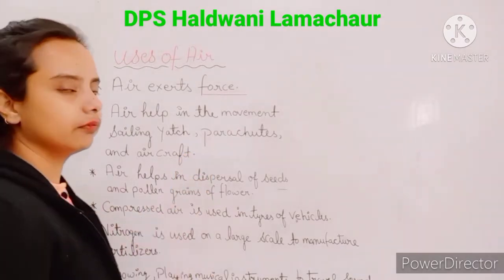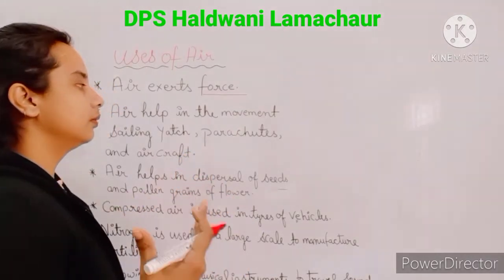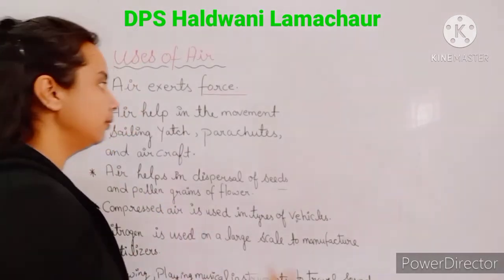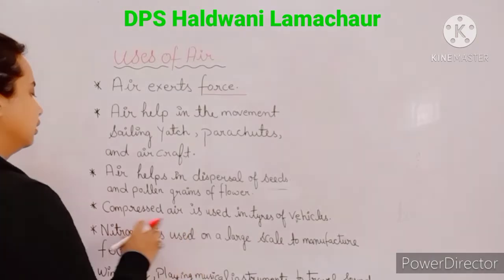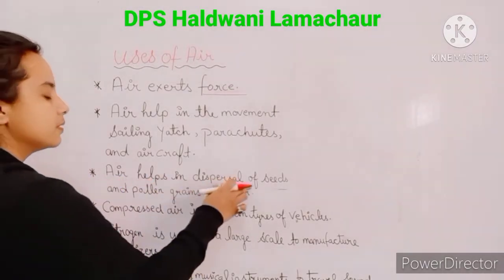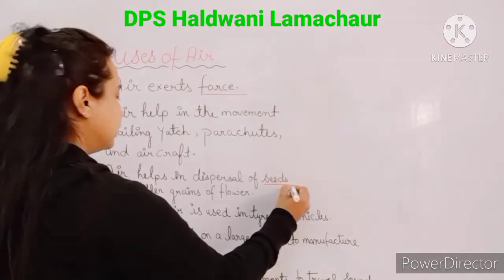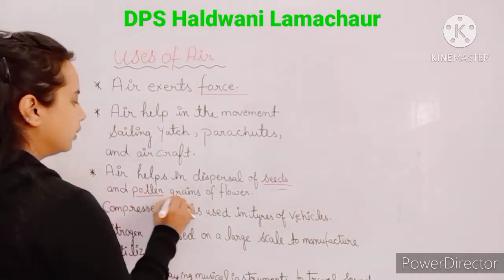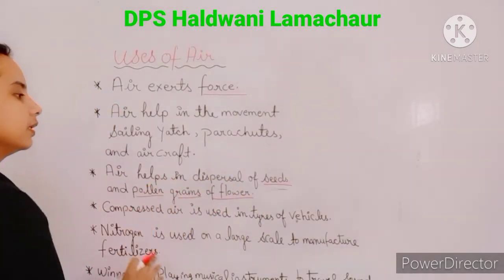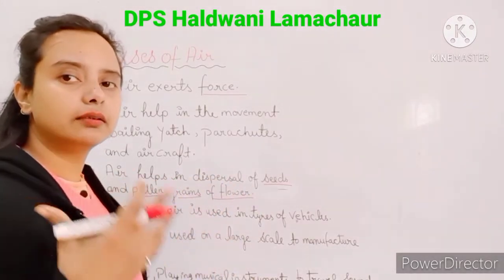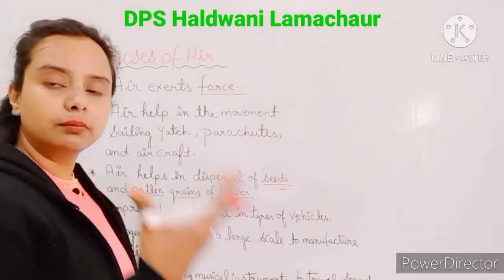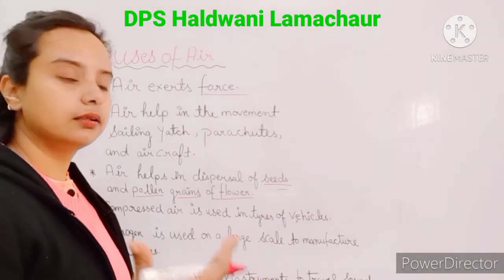With the help of air, the yachts, parachutes and aircraft can move. The third use is that air helps in dispersal of seeds and pollen grains of flowers, so that new flowers can be reproduced.